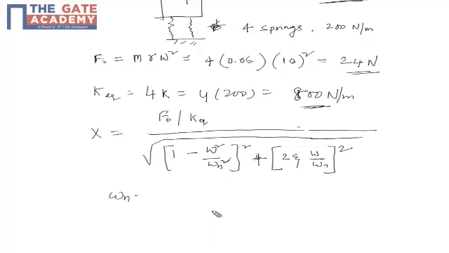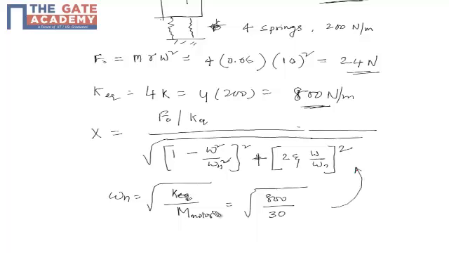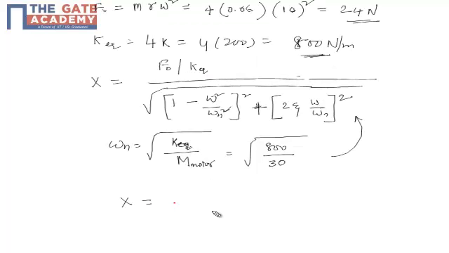Omega n is the natural frequency, which is the square root of K equivalent by the total mass of the motor, so that is 800 by the mass of the motor, which is 30 kg. Putting all this inside and calculating, we get X as 10.7 mm.